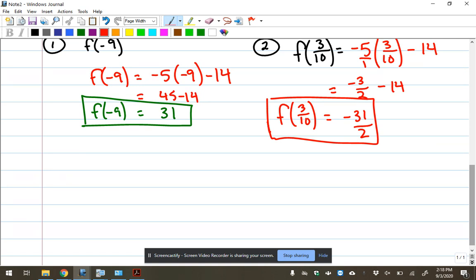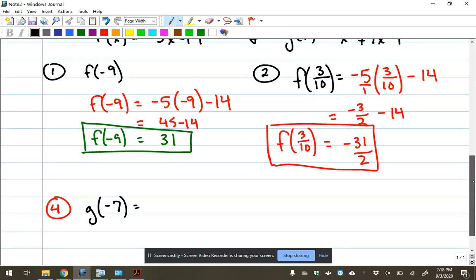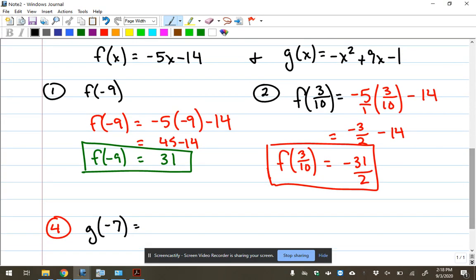Okay. Skip down there to number 4. It asks us to do g of negative 7. And the g of x function, remember, is up there at the top, negative x squared plus 9x minus 1.